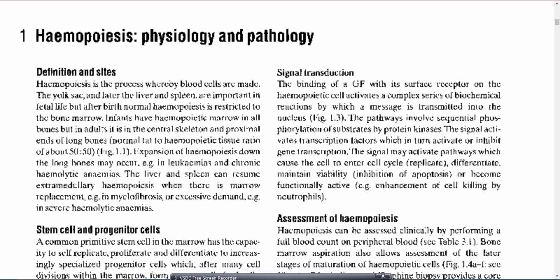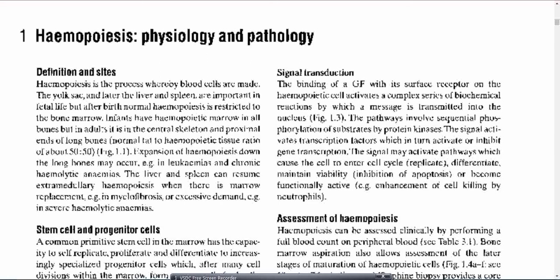Infants have hemopoietic marrow in all bones, but in adults, it's in the central skeleton and proximal ends of long bones only, normally at a hemopoietic to fat tissue ratio of about 50:50. Expansion of hemopoiesis down the long bones may occur in conditions like leukemias and chronic hemolytic anemias.